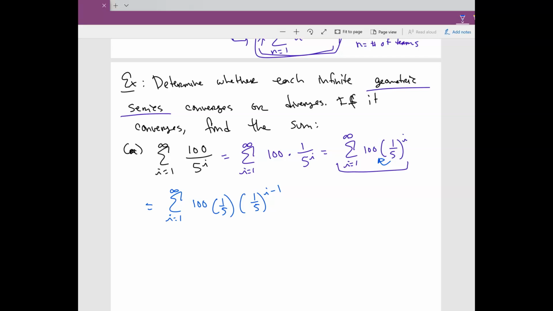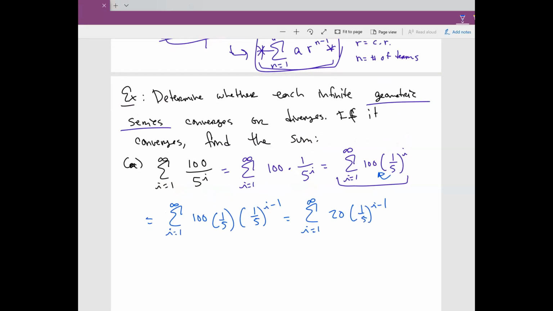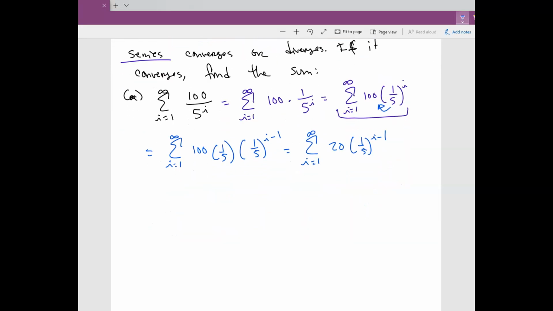When I multiply this out, I get the sum from i goes from 1 to infinity of 100 over 5, which gives me 20, times (1/5) to the i minus 1. Now this looks just like the general form, so we can immediately see what a, r, and n are. A in this case is going to be 20, and r is equal to 1/5.